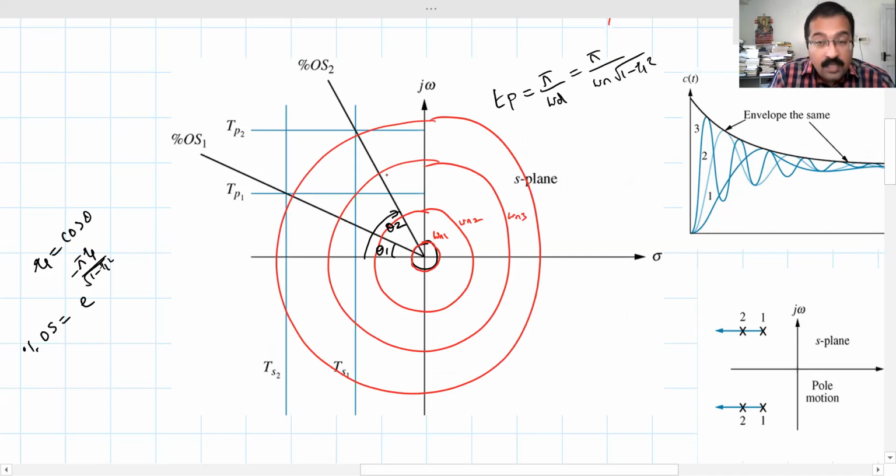So in short, vertical lines represent constant settling time lines, horizontal lines represent constant peak time lines, radial lines represent constant overshoot lines, and concentric circles in the S-plane represent constant omega n values. So the point is that each and every point in the S-plane corresponds to a particular transient response specification.